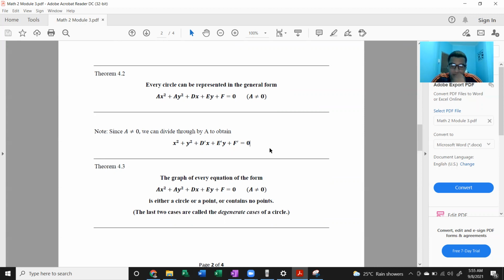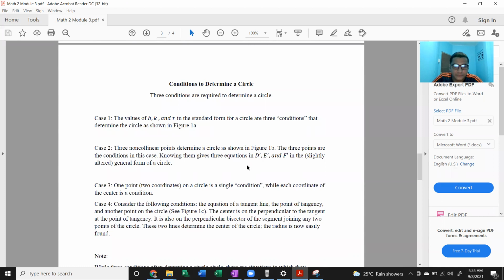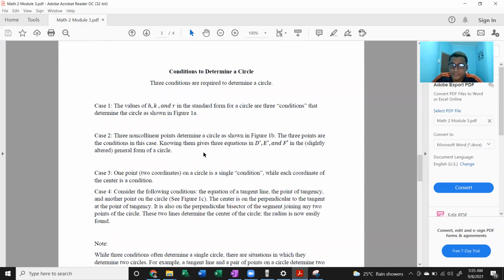Okay, and when we have 3 equations and 3 unknowns, we can solve the system of equations simultaneously to solve for the coefficients d prime, e prime, and f prime. And therefore, we can now determine the general form. Okay, so knowing them gives 3 equations in d prime, e prime, and f prime in the slightly altered general form of a circle.